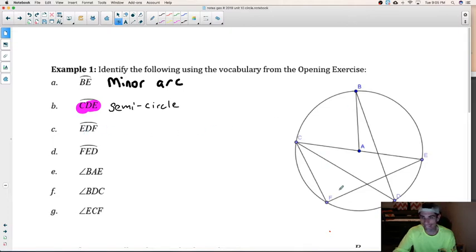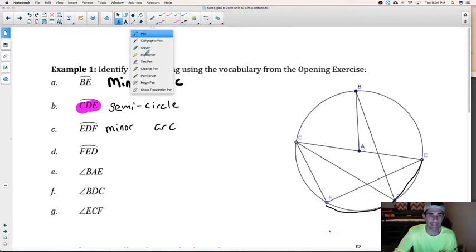Arc EDF. So trace, first hit E, then hit D, then hit F. So there's EDF right there. Did that go in the major direction or the minor direction? It had 3 letters, but that does not always mean it's a major arc. It's less than 180, so we have a minor arc there. And then finally FED.